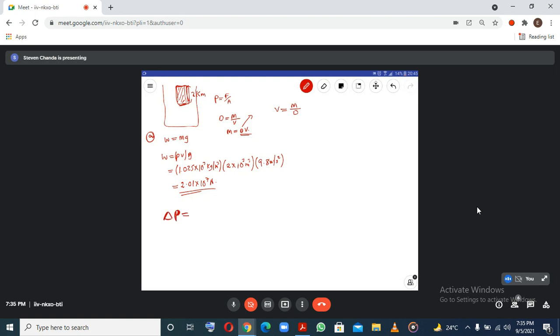The change in the pressure is going to be force over area. The force is what we found.